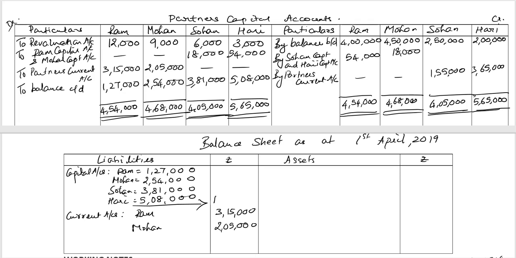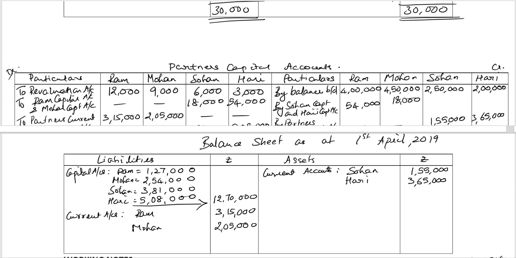The total of this we know will be 12,70,000. The current accounts having a debit balance, that is Sohan's and Hari's. So Sohan's current account is 1,55,000 and Hari's current account is 3,65,000.